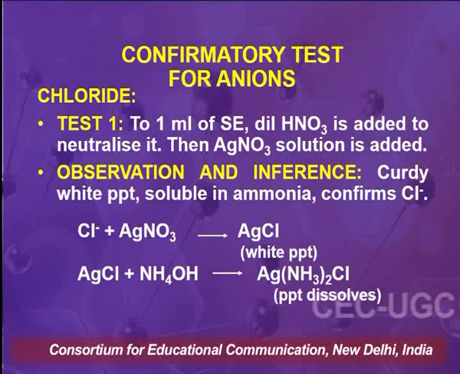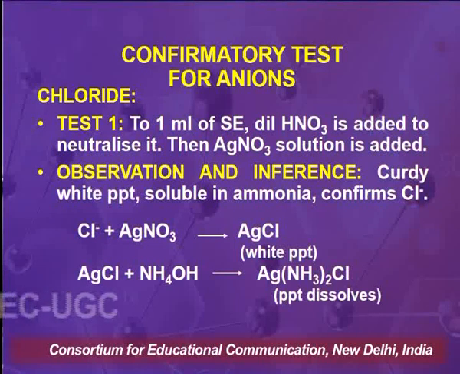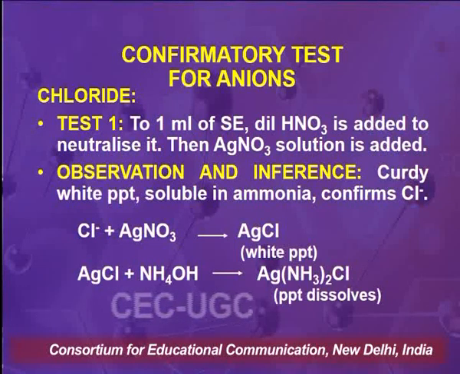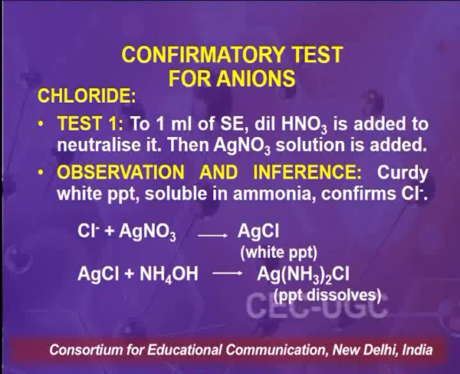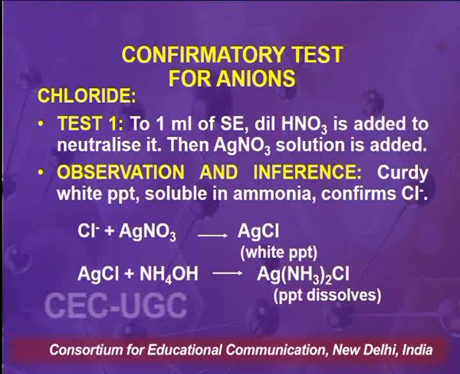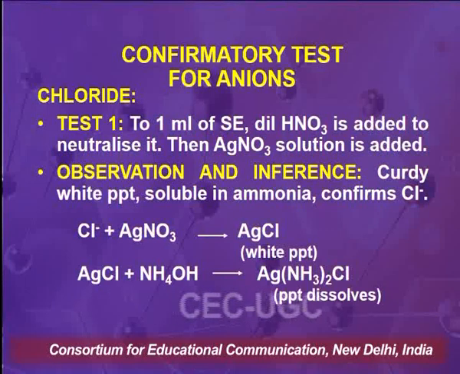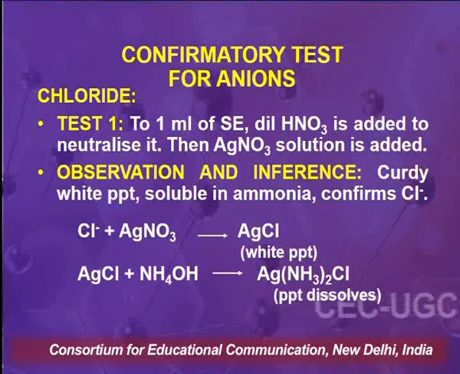In the observation, a curdy white precipitate which is soluble in ammonia confirms chloride ion in the mixture, and the chemistry involved goes as follows. Chloride ions which are present in the mixture react with silver nitrate to form silver chloride, which is giving a white precipitate.